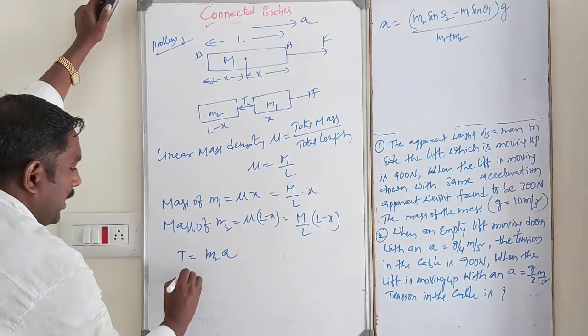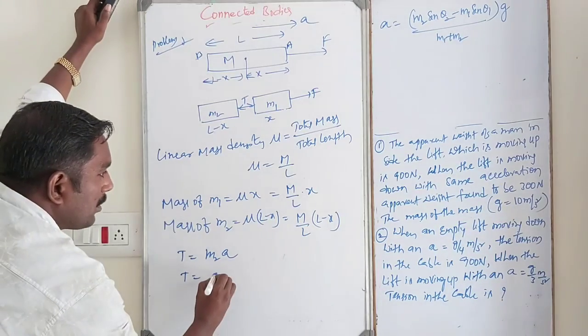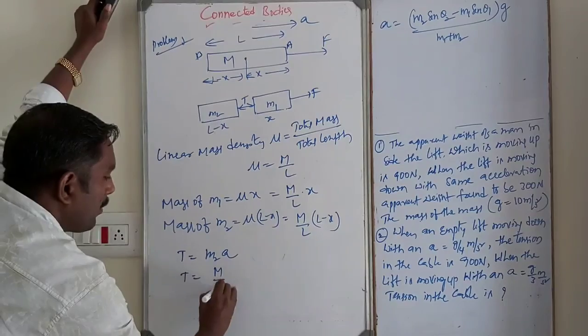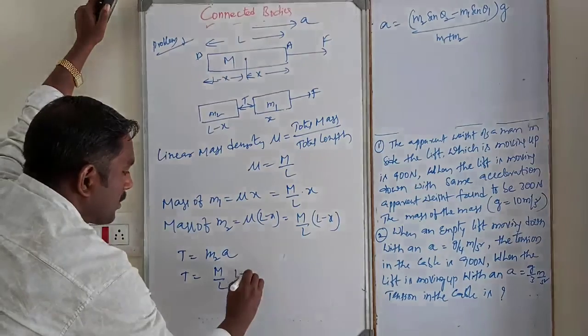So tension is equal to, what is the value of m2? m2 is equal to M by L, into (L minus x).